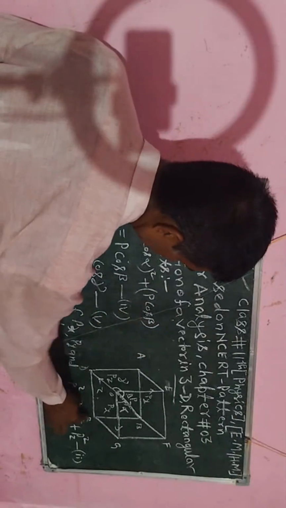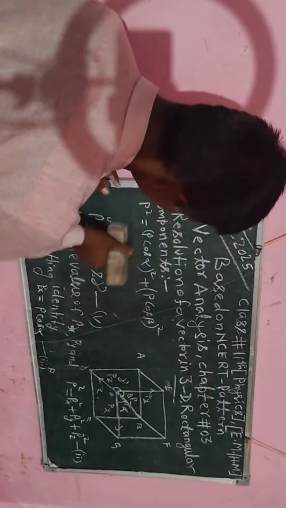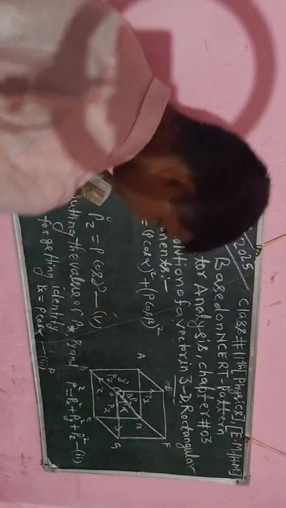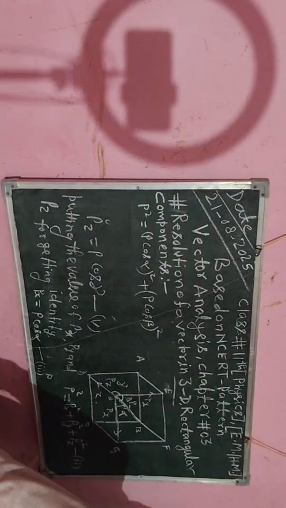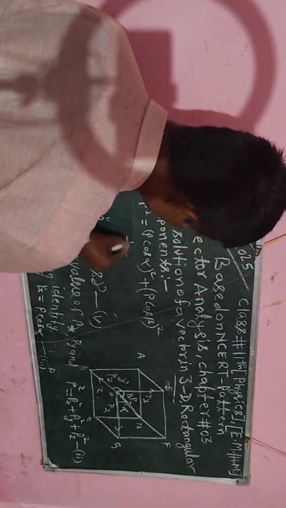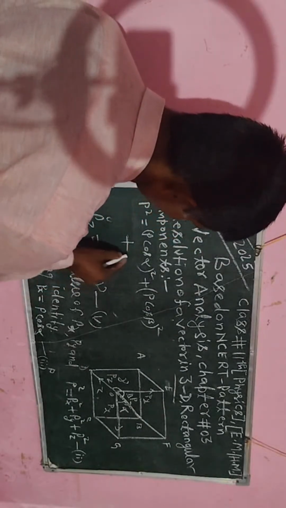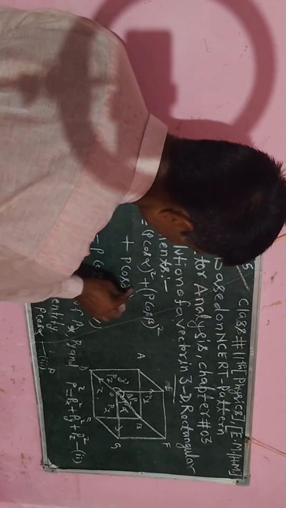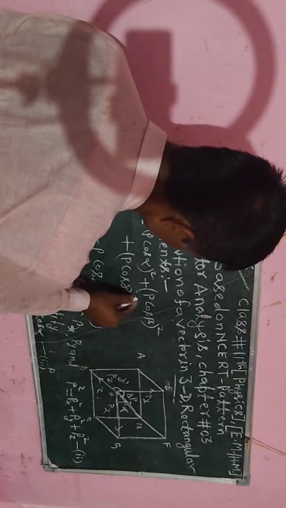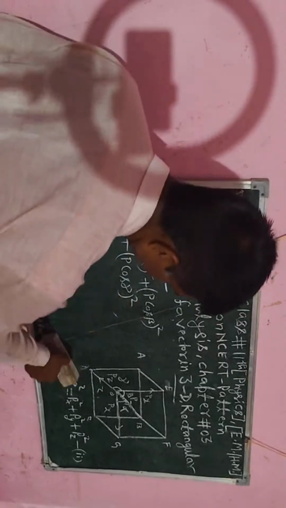Then the value of pz is p cos gamma, so I write p cos gamma whole square. Further I will simplify it.